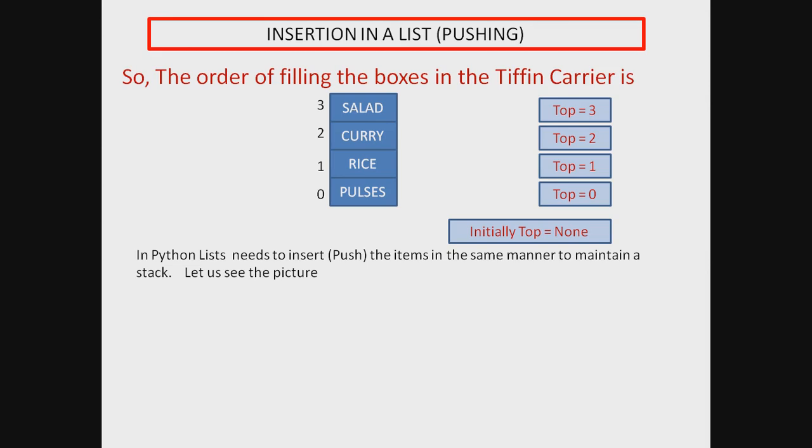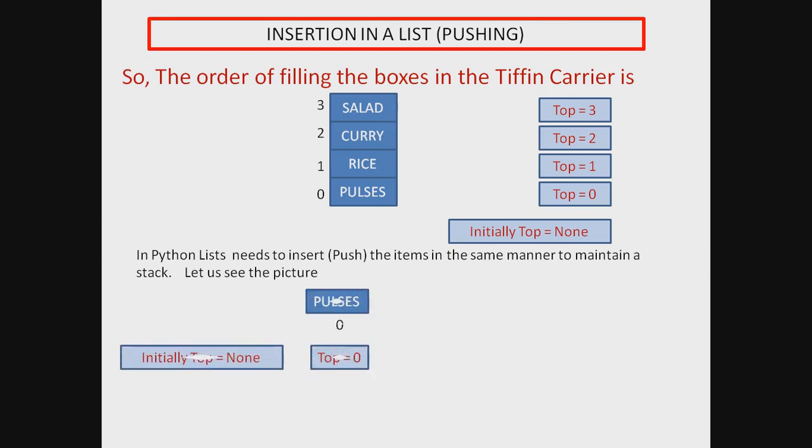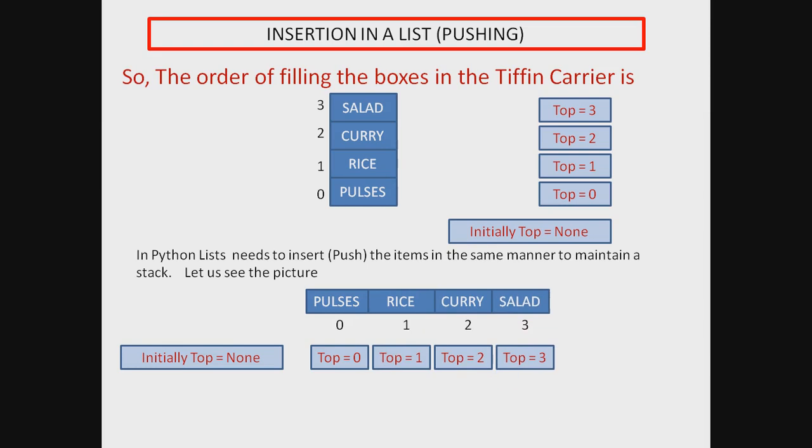Initially top was None. That is being shown again horizontally, because a Python programmer understands things of a list better if they are put horizontally. So pulses, top becomes 0; rice, top becomes 1; curry comes in, top becomes 2; and salad comes in, top becomes 3.